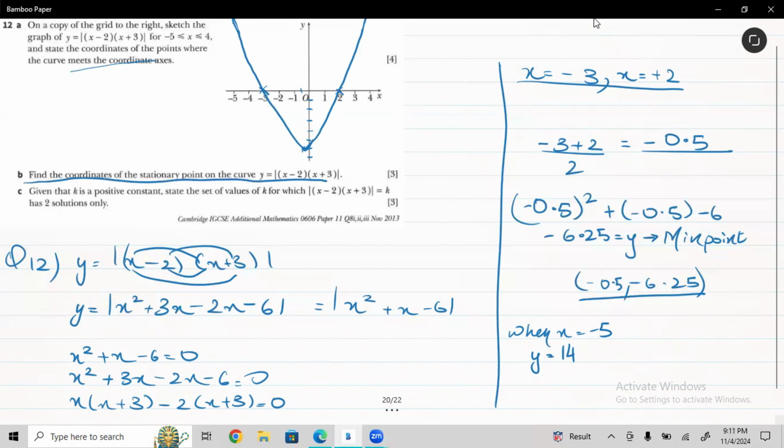Before we solve this, we have to make the graph of this equation. We know this is a modulus equation, so whatever negative part there is will be reflected. It's going to be somewhere like here.